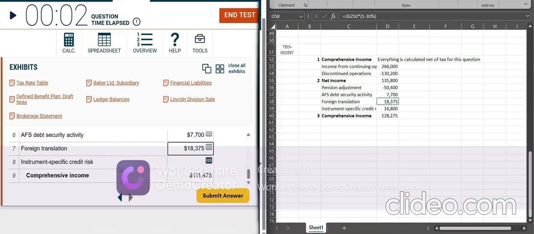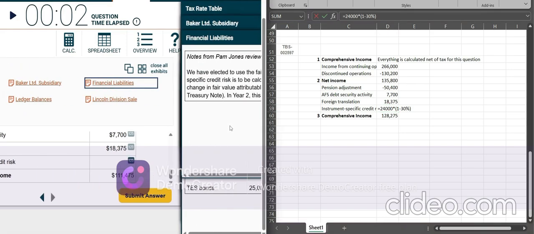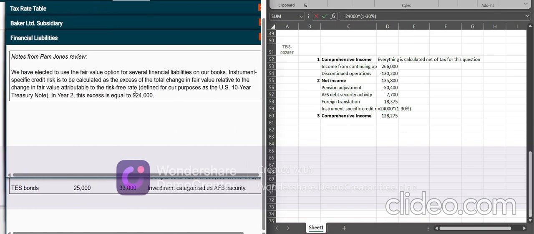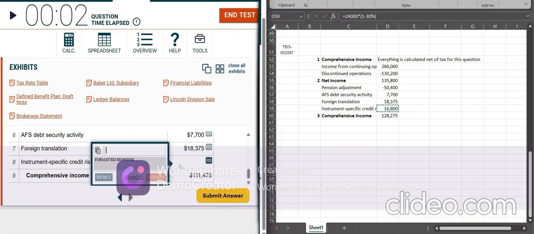And now it is time to calculate the final part of this simulation, which is instrument specific credit risk. For this we have to open the financial liability exhibit, which is our third exhibit, and we have to record the gain of $24,000 net of taxes to get our final answer, and we will put it here.